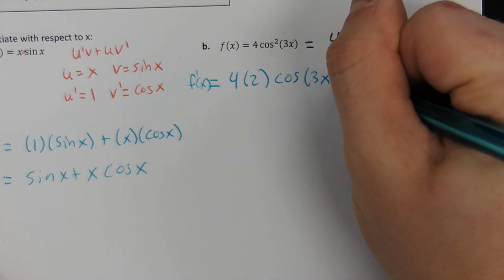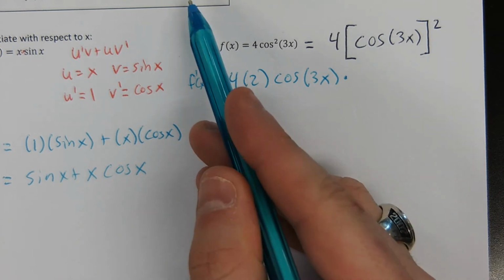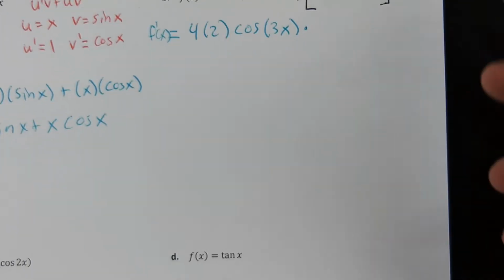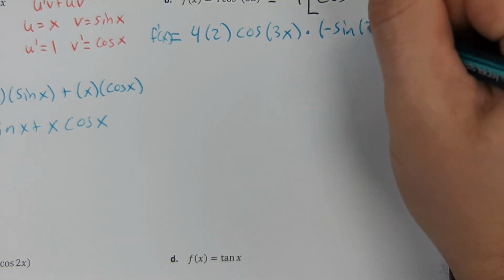Now we have to multiply by the derivative of the inside. The inside of the brackets is a cosine structure, cosine of some stuff. The derivative of cosine of some stuff is negative sine of some stuff. Negative sine of, and don't you touch its argument.